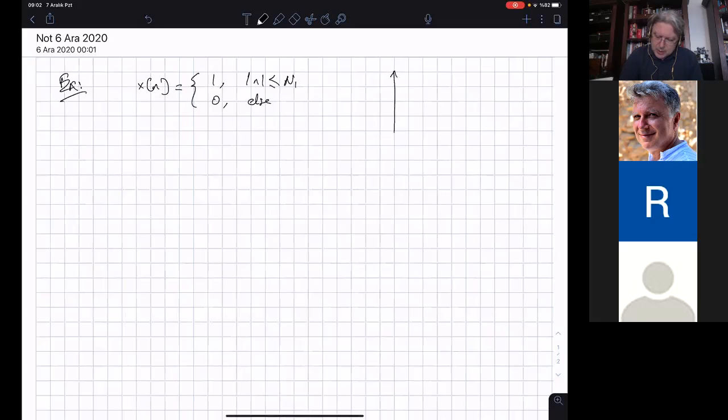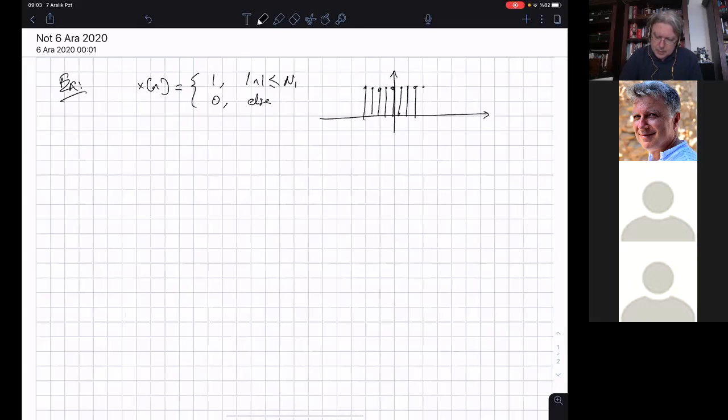If you want to plot this, it would appear to be something like this, just as an illustration. Like from minus 5 to plus 5, for instance, it is all ones, and afterwards it becomes 0 and stays 0 like this on the n-axis. So this is the rectangular pulse of interest.